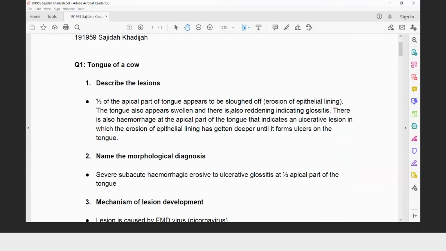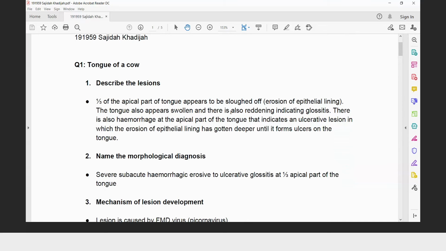One third apical part of the tongue appears to be sloughed off. Of course, you can say slough off there, and they talk about erosion of the lining. You're right there. The tongue also appears swollen, right? They also mention reddening, indicating glossitis. She's right also. And then there's a hemorrhage at the apical part of the tongue indicating an ulcerative lesion, correct?